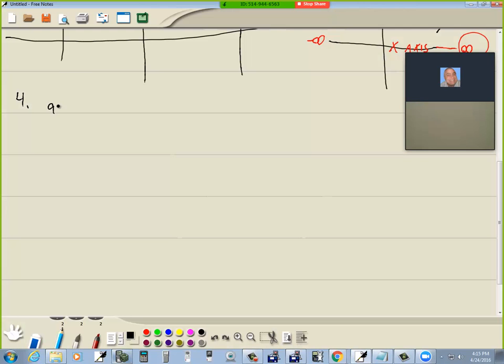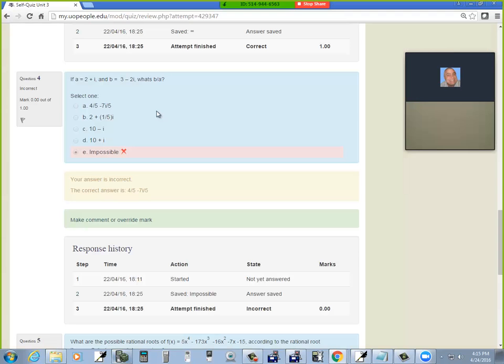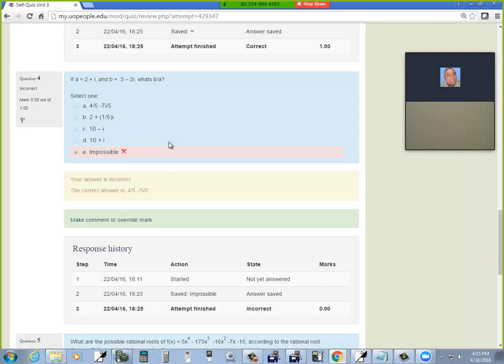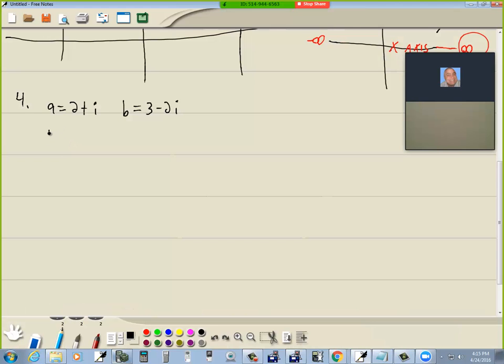Now, if a is equal to 2 plus i, and b is equal to 3 minus 2i, it says what's b times a, or b divided by a? Well, if we plug that in, we got 3 minus 2i over 2 plus i.